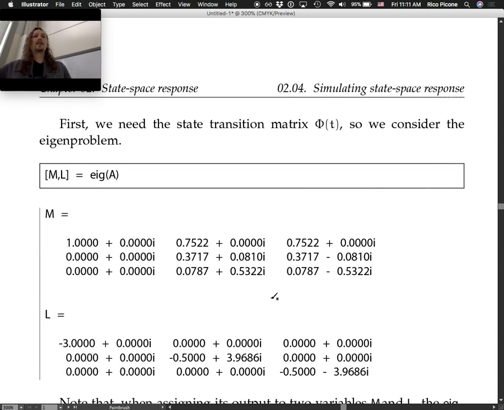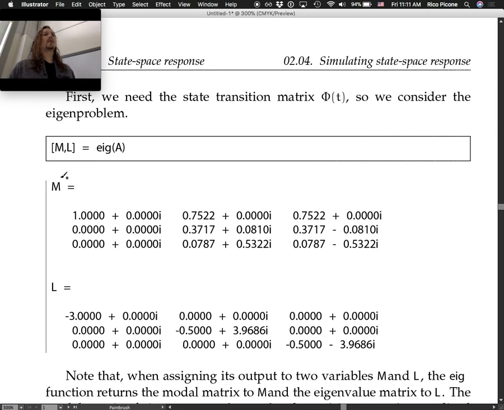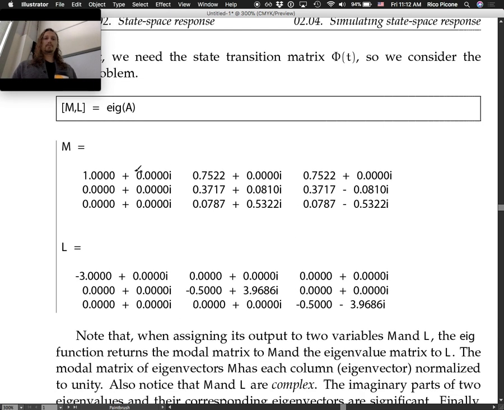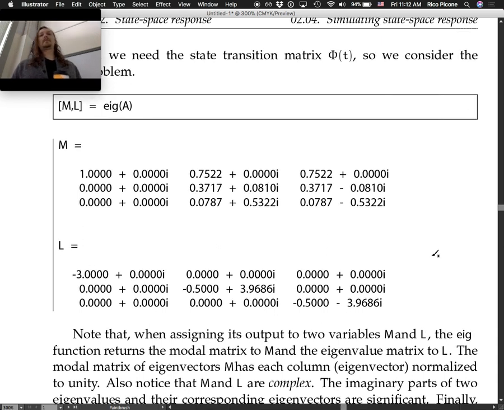So we'll use this eig function in MATLAB, which returns the modal matrix and the lambda, the eigenvalue matrix. So you just say m comma l equals eig of the A matrix, and it just spits these out.